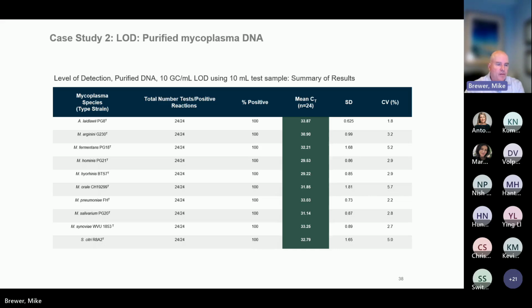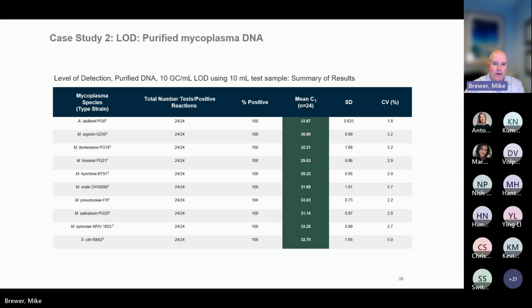We evaluated 10 species: the 8 species indicated or recommended in the European Pharmacopoeia, as well as 2 other Mycoplasma species that could be related, or human-borne Mycoplasma, which we felt would be important to include in the study. In this case, here in column 3, 100% of the 24 reactions were positive for Mycoplasma. These are the CT values, which are important.